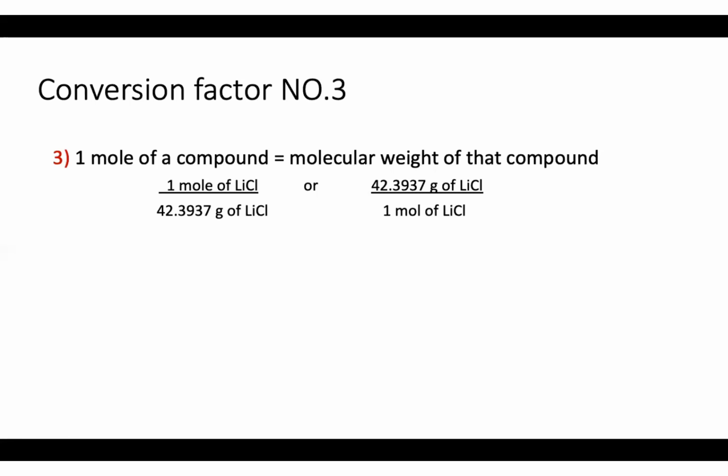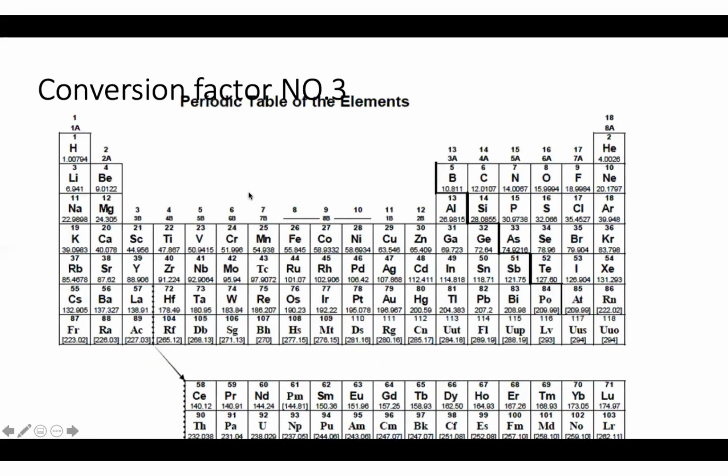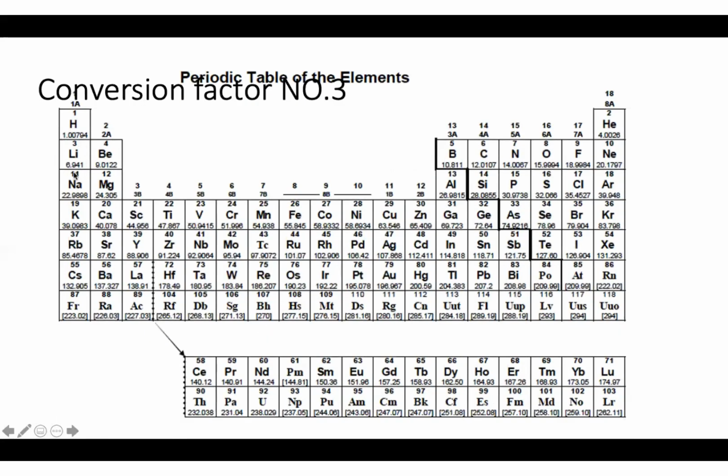No, I'm just kidding. Let's go to the periodic table and look for lithium and chlorine. Lithium, underneath, has an atomic mass of 6.941 gram, and under chlorine I have 35.4527 gram.